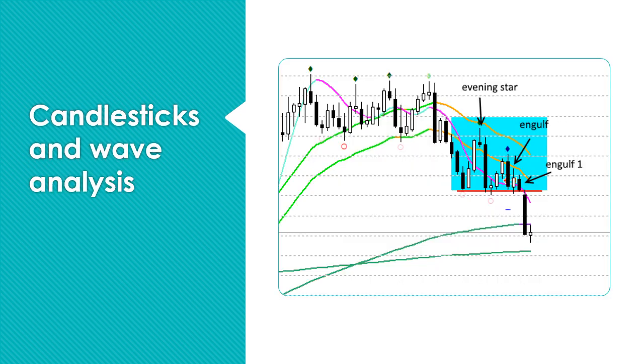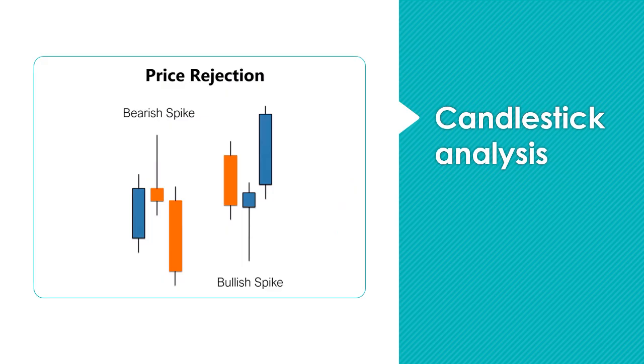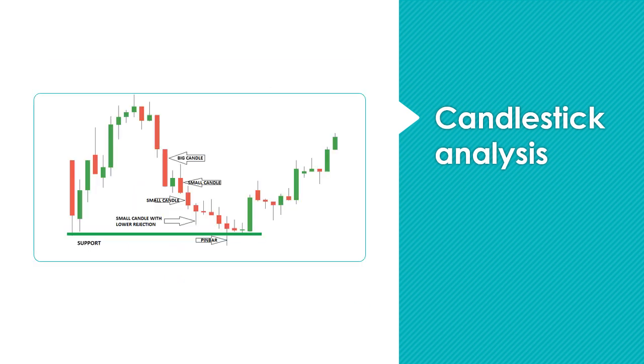We can use candles in our wave patterns. Okay. We can use it in wave analysis. And then, of course, we can use it in our support and resistance, which is, like I said, my favorite way of using candles. And then we have bearish spikes and bullish spikes, which really help us see a potential for the change of the price of candlesticks.